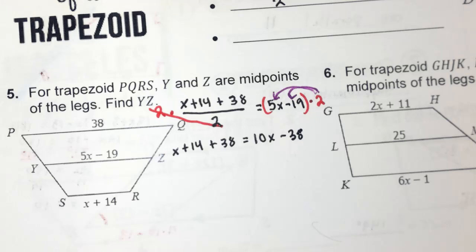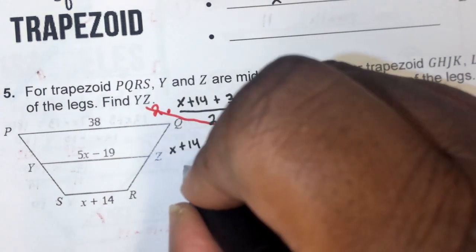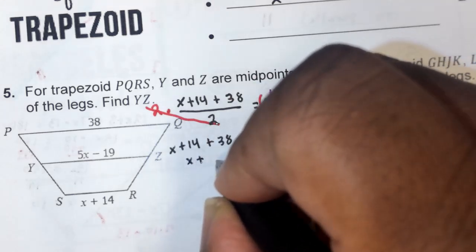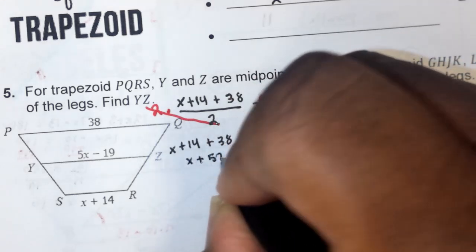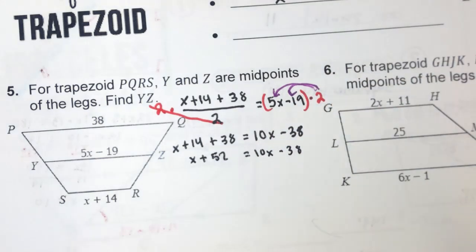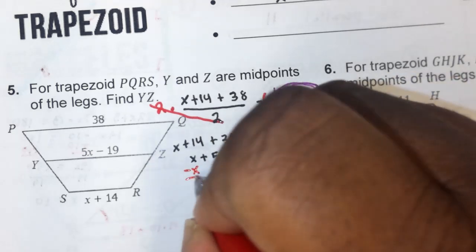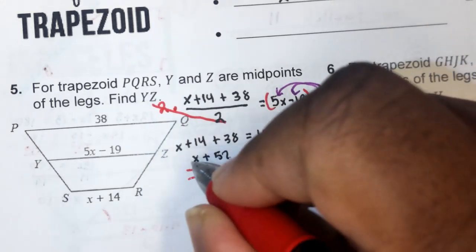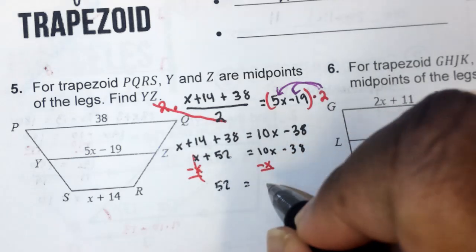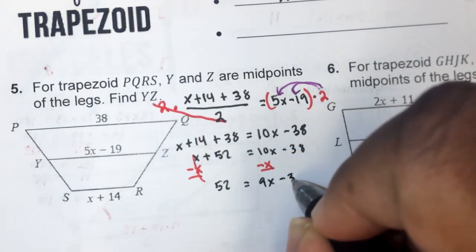Once you get to this point, it's just an equation. Y'all should be able to solve this. Combine like terms over here. x plus 52 equals 10x minus 38. Subtract x. Subtract x. 52 equals 9x minus 38.